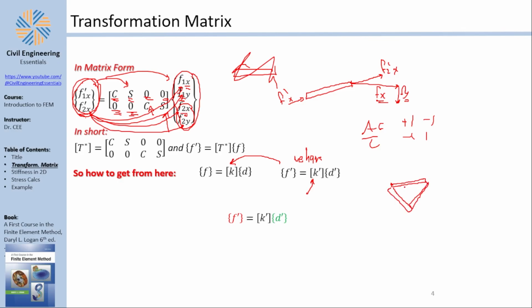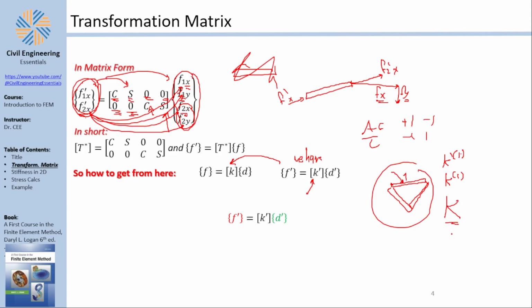Now, each element has a local stiffness matrix. So, for example, K1 is the local stiffness matrix for element number 1. Now, K small 1 is the global stiffness matrix, but not for the full structure. No, for the element. Finally, K capital is the global stiffness matrix of the full structure.